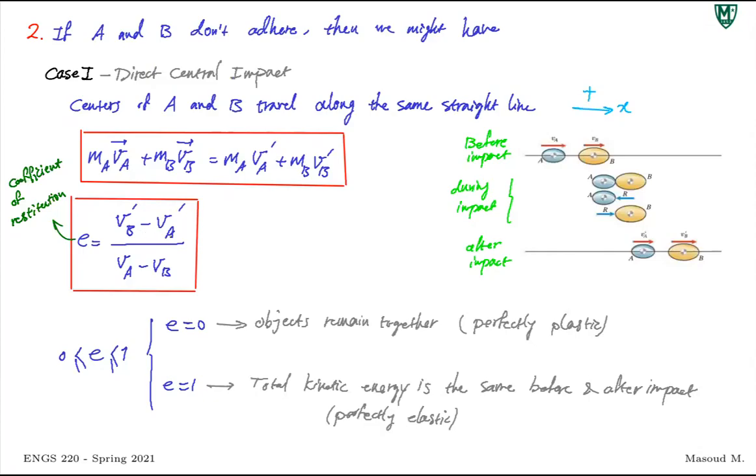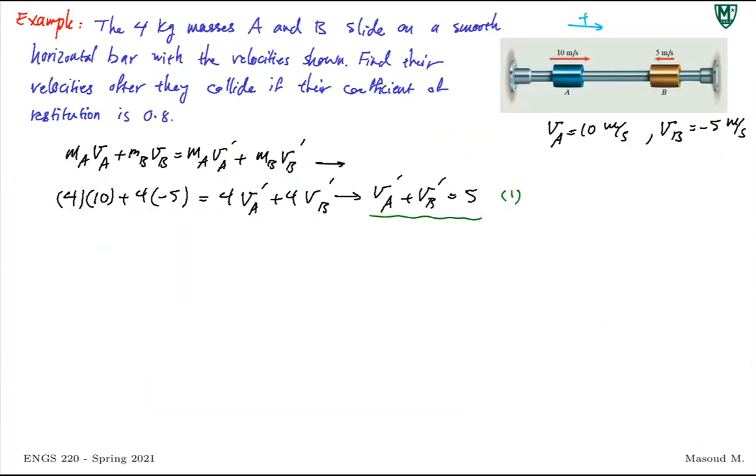Second equation: e is equal to (VB prime minus VA prime) over (VA minus VB). As I said, these are vectors, so let me put these vector signs just to remember. We derived this equation for the case where VA, VB, VA prime, and VB prime, all four velocities, were positive.